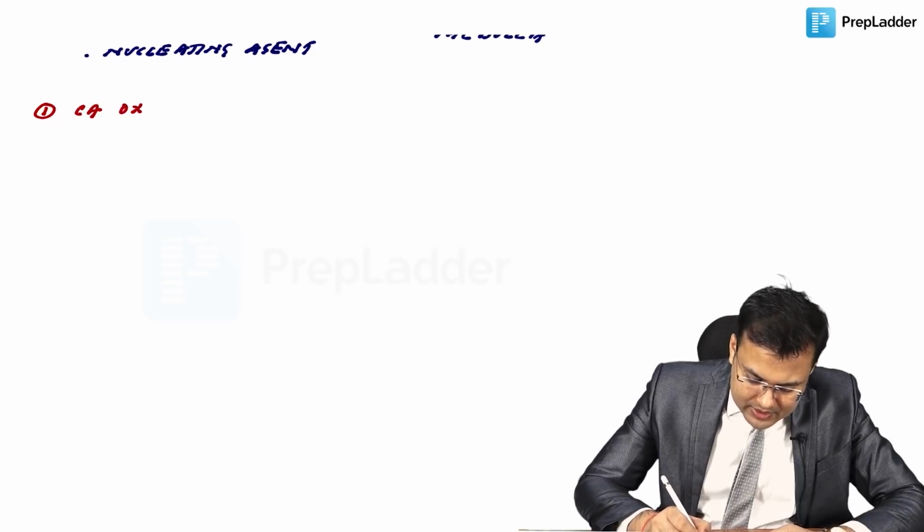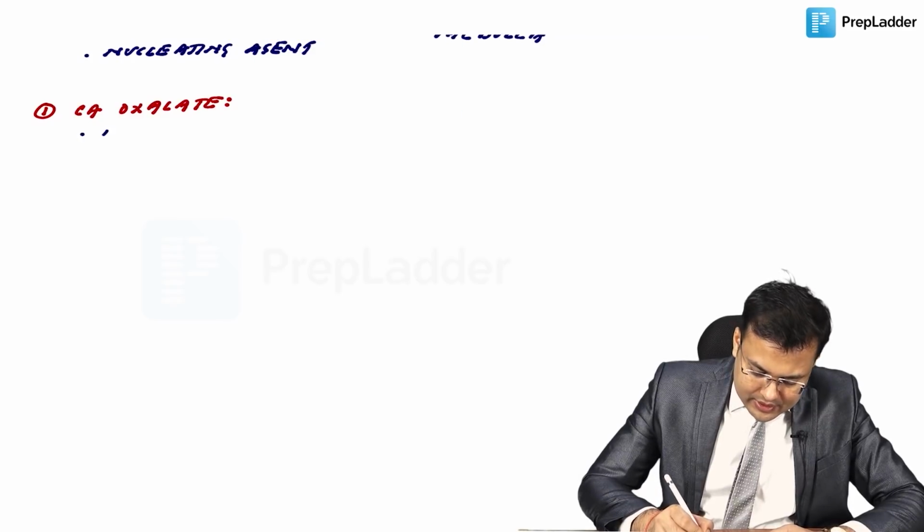So one by one we are going to discuss the renal stones. First, the most common type of renal stone is calcium oxalate. This is radio opaque.